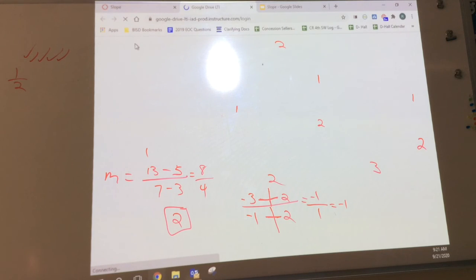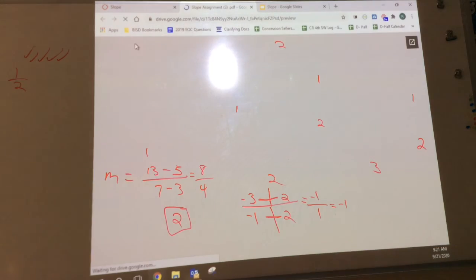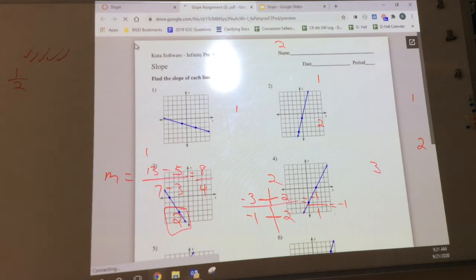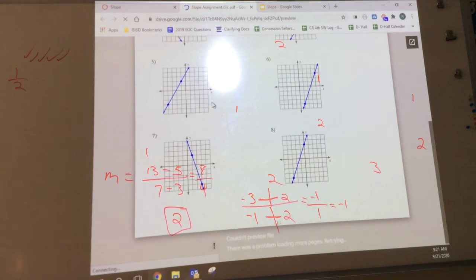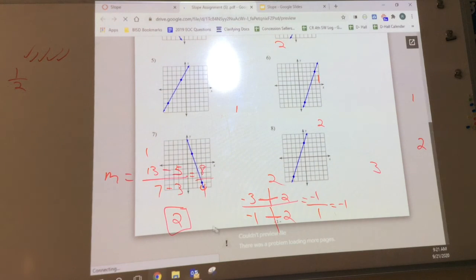Alright, I'll have to look at it and see what the issue is. All you're doing today is finding slope. Okay, cool. Here, bear with me. I know you guys are ready to go. So look, you have the lines that you're finding slope for. Alright, I'll figure out what the issue is.